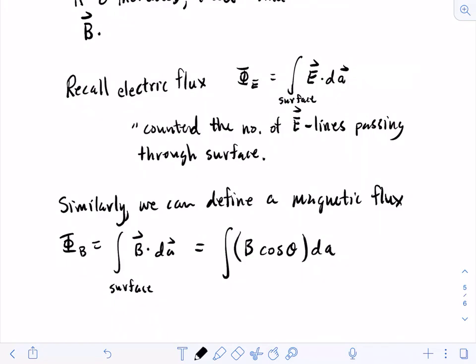So where I've made the replacement, the dot product is equivalent to B times dA times the cosine of the angle between the two.